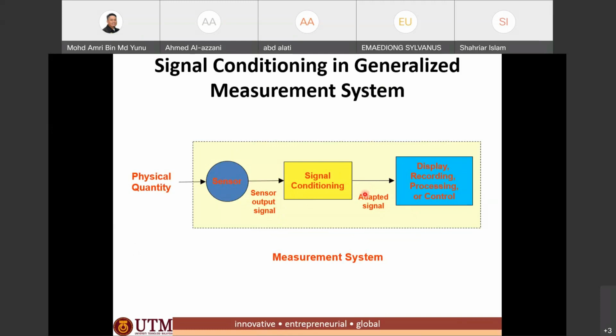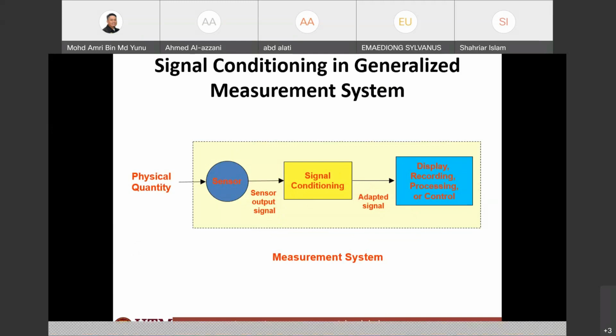Next we have to adapt the output, for example to communicate with a digital system.